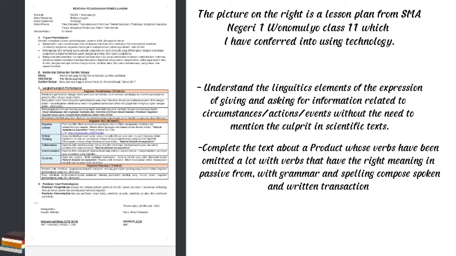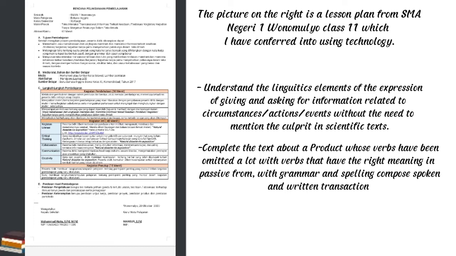Now, the learning purpose. Understand the linguistic elements of the expression of giving and asking for information related to performance or action or activities or events without the need to mention the perpetrator in scientific text.